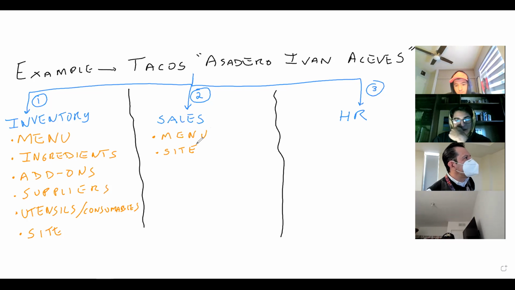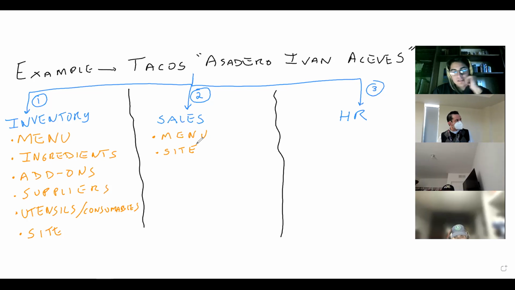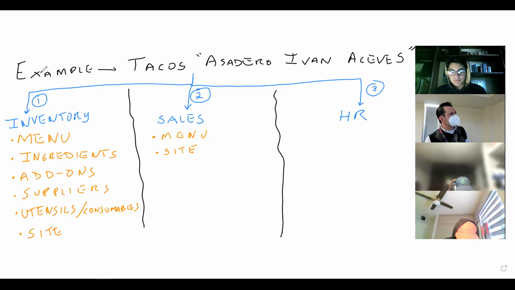Let's see. We've got Arturo. Go ahead. Yes. I don't know if this one could be one, but for sales, could it be like the marketing? Did you say that again, please? The marketing, like how well has the business expanded so people can know about it? Well, the marketing or the branding is an action.